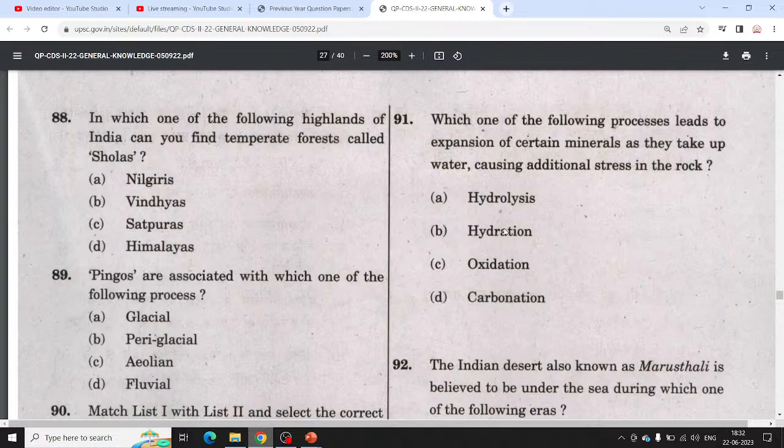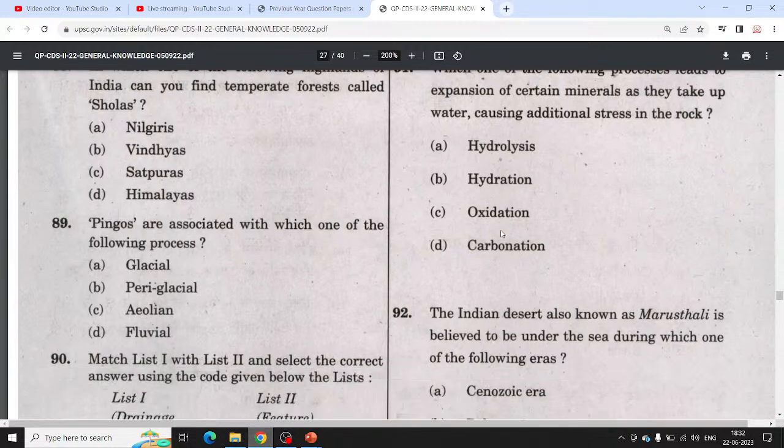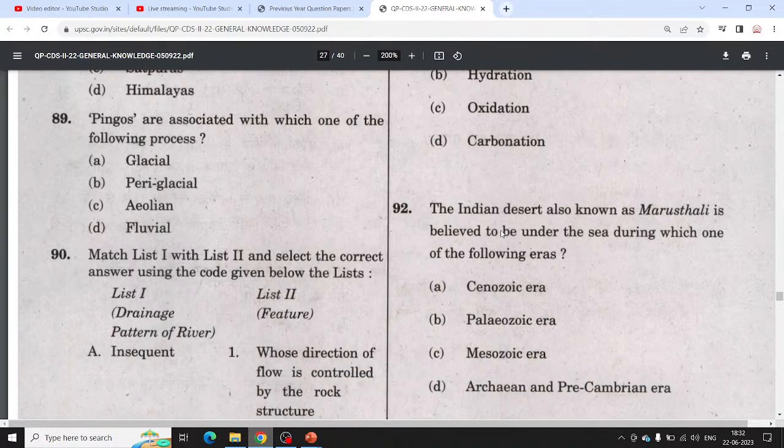Answer. Yes, Nilgiri is correct. How did you guess? Yes, good. Huh? How did you guess? Tell me the trick. Correct. You can do like that also.